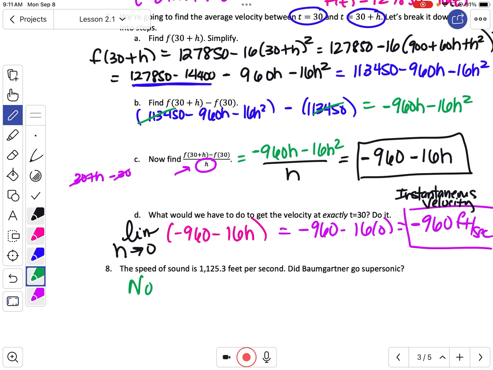So, congratulations. You just did your first instantaneous velocity. All right, and that's what today's going to focus on. It's a lot of algebra, all right, to get us there.